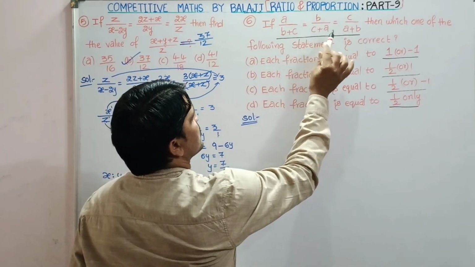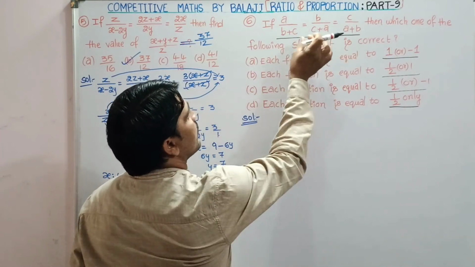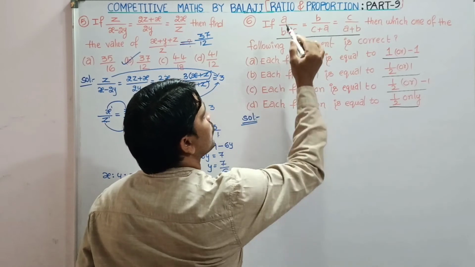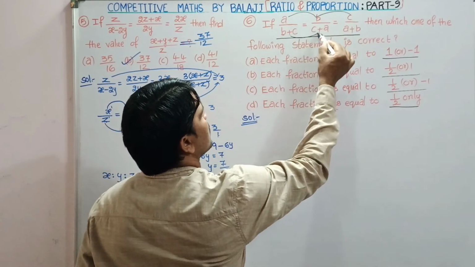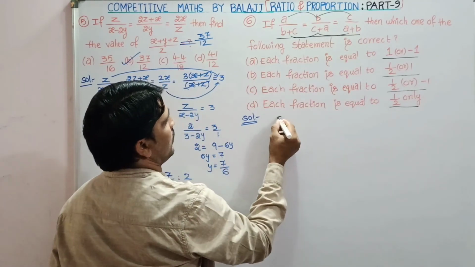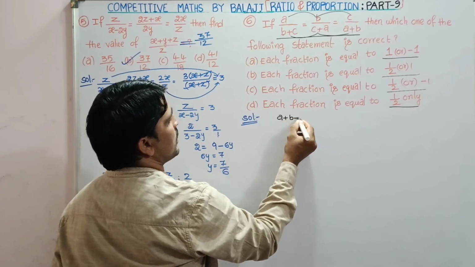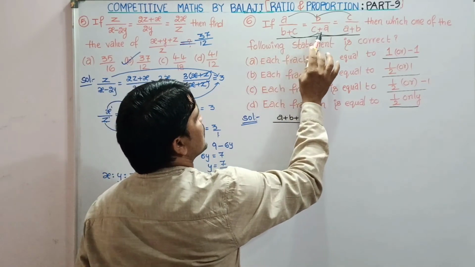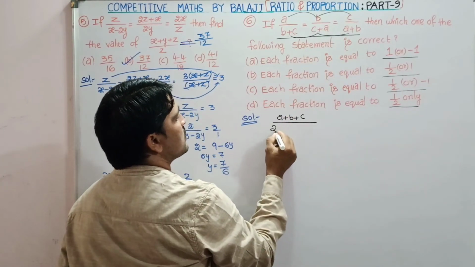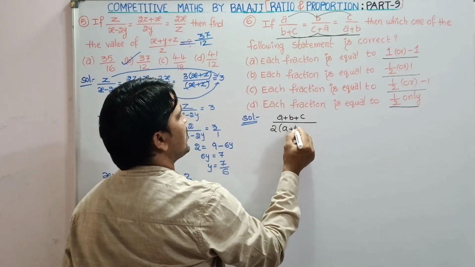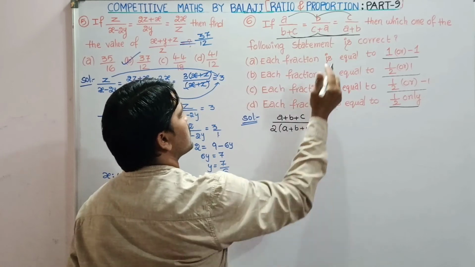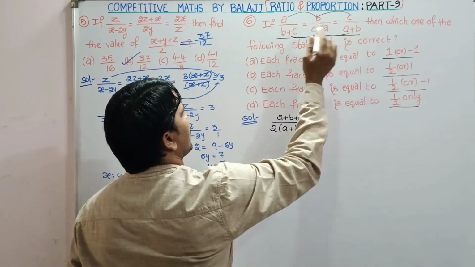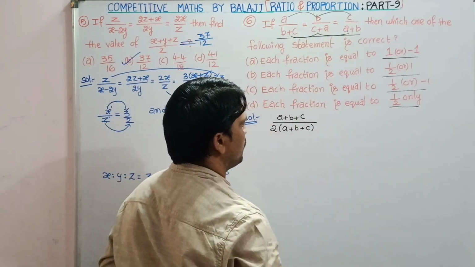When each fraction is equal, the value of each fraction equals the sum of their numerators by the sum of their denominators. Consider the sum of their numerators: a plus b plus c. If we add b plus c, c plus a, and a plus b, we get twice of a plus b plus c, as a occurs 2 times, b occurs 2 times, c occurs 2 times in the denominator.